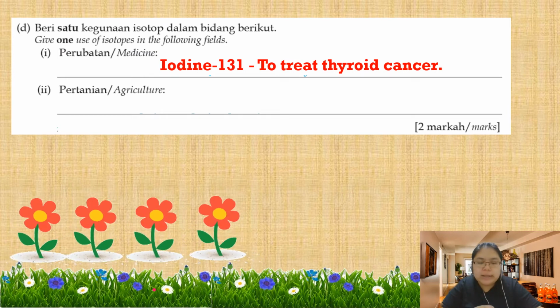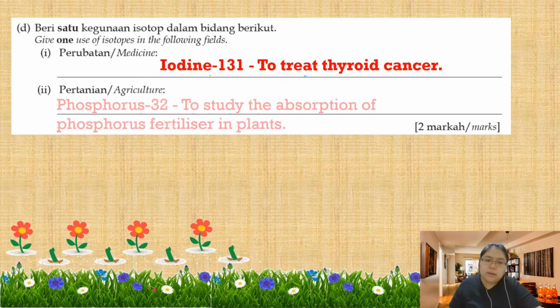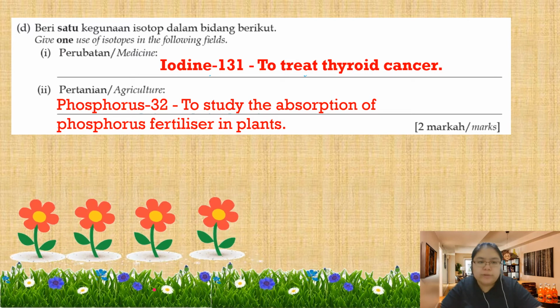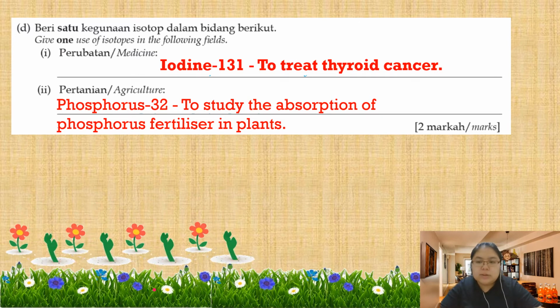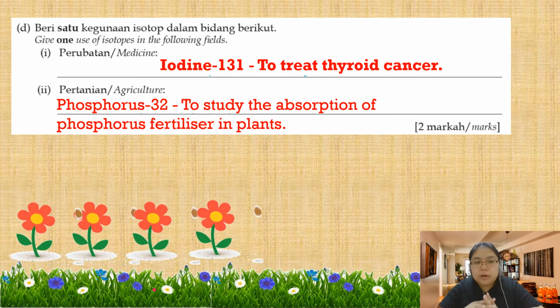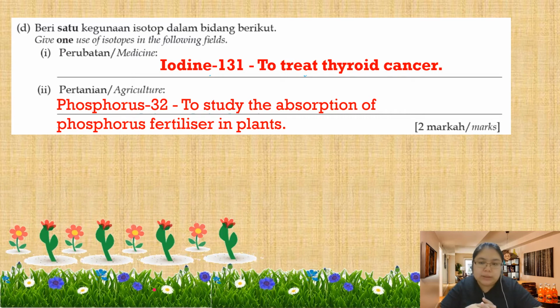Another one is agriculture. For agriculture, remember we have phosphorus-32. They want to study the absorption of phosphorus fertilizer in plants. So for this one you can refer to any answer from your notes, because for medicine we have some examples, and for agriculture we also have some examples.